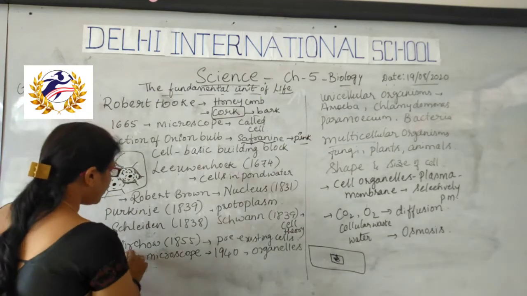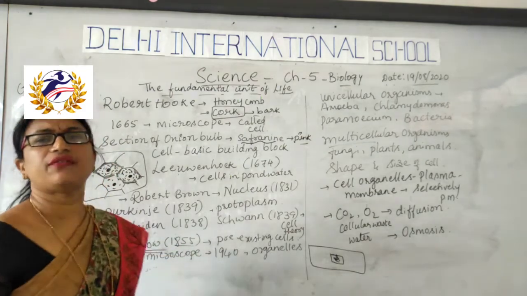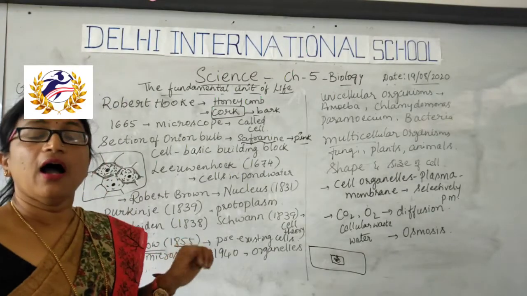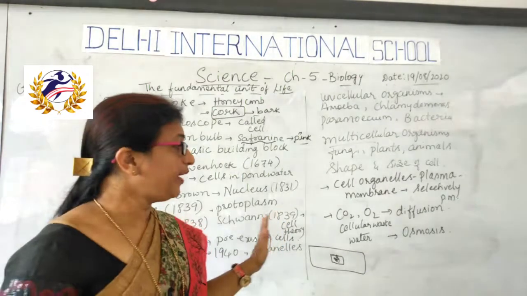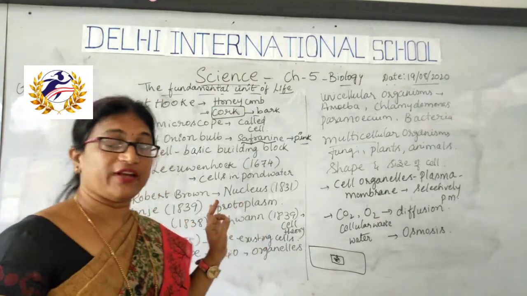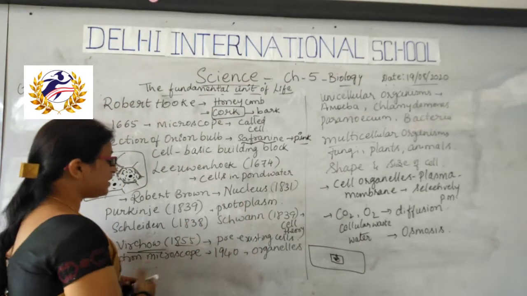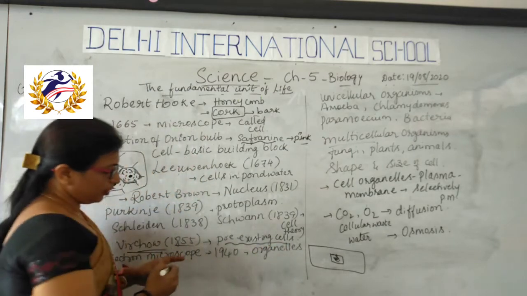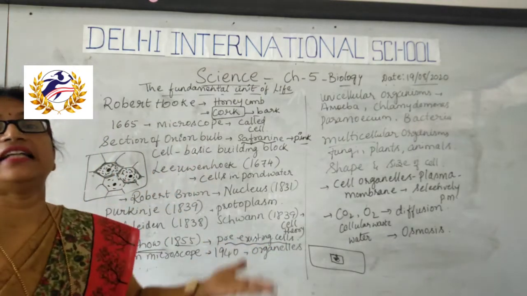And then Virchow in 1855. He said that apart from being the basic structural and functional unit of any living organism, cells are from pre-existing cells.